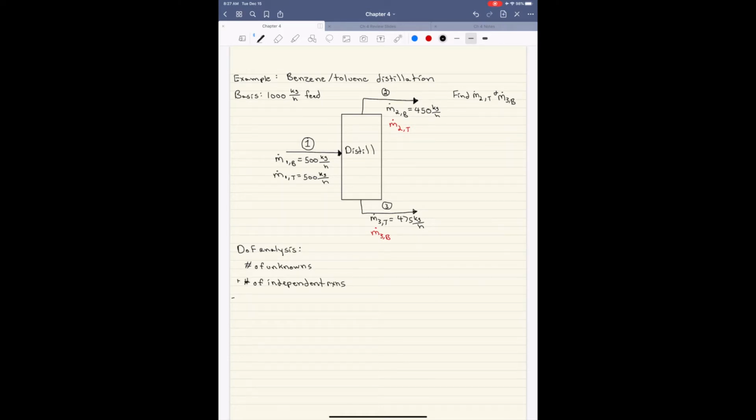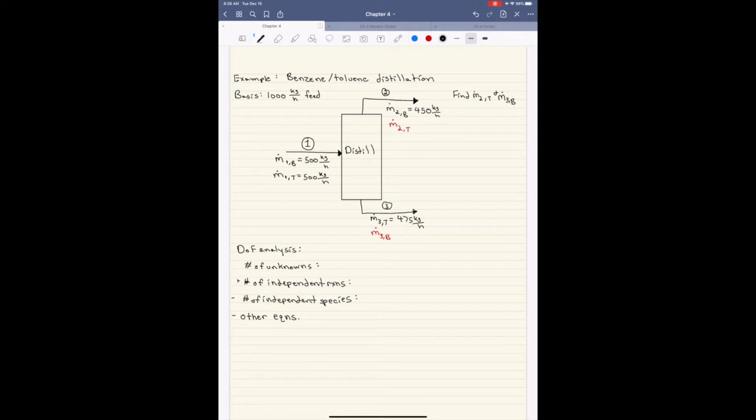We need to subtract off the number of independent chemical species. And then subtract off any number of other equations that we have that relate the variables. Okay?